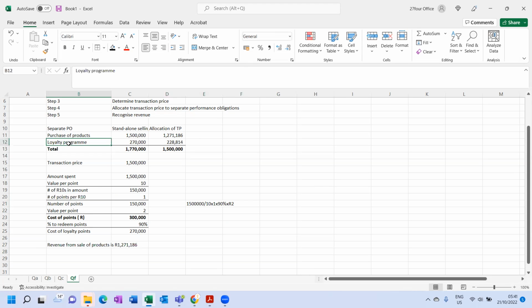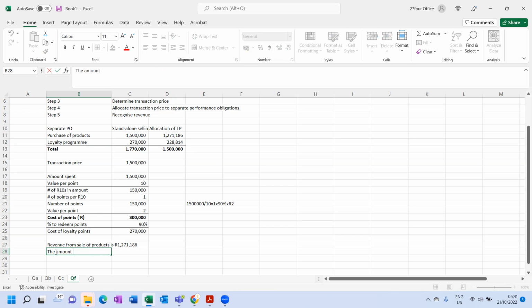For the loyalty program, you will recognize revenue as customers redeem. And let's say there's an expiry date. Once the expiry date hits, anything that was not yet redeemed can only then be recognized.